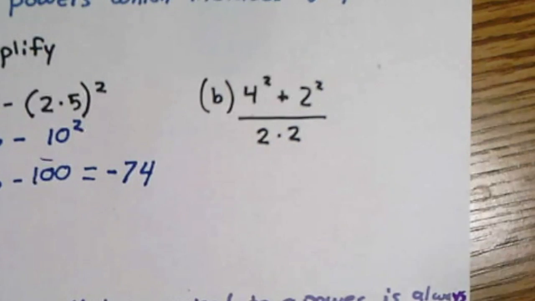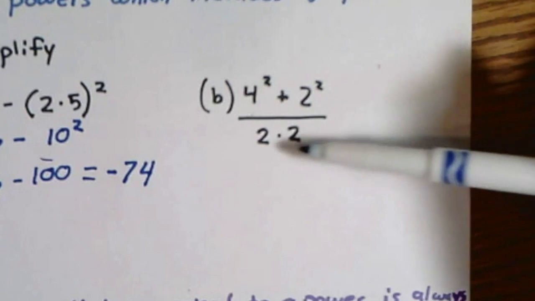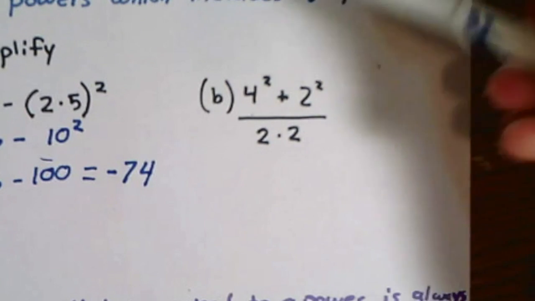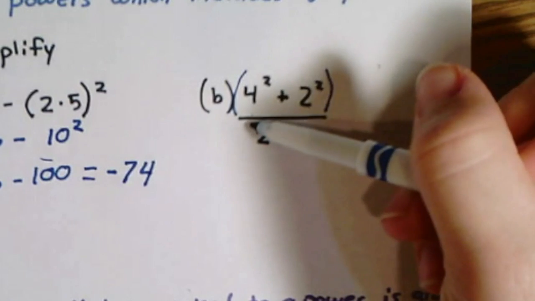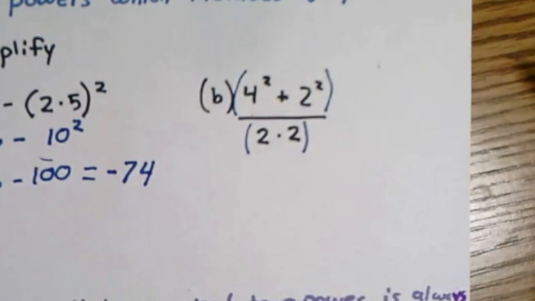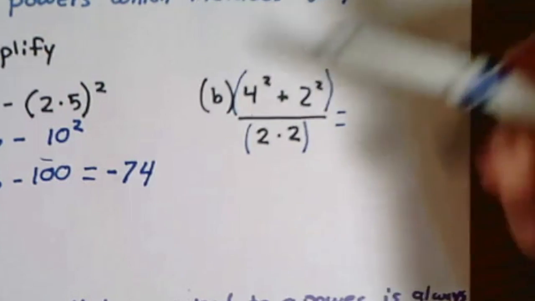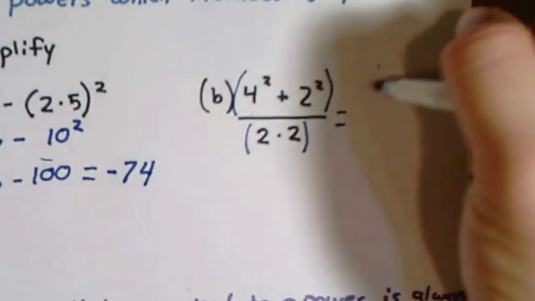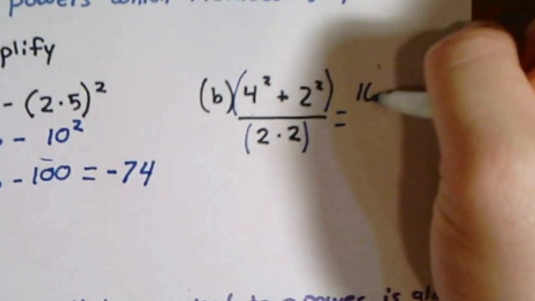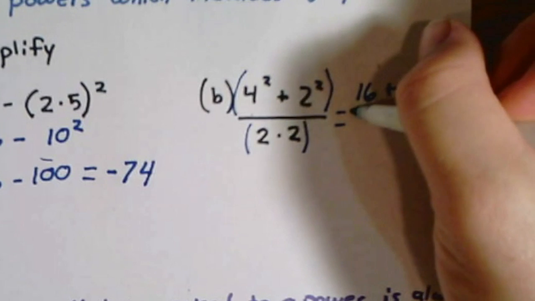All right, let's look at our second example. So we have 4 squared plus 2 squared divided by 2 times 2. I'm going to treat anything on top of the fraction bar like it's in parentheses, and anything on the bottom of the fraction bar like it's parentheses, and simplify those first. Within the parentheses, I have exponents. 4 times 4 is 16, plus 2 times 2 is 4.